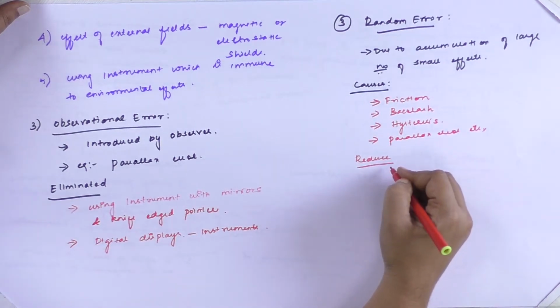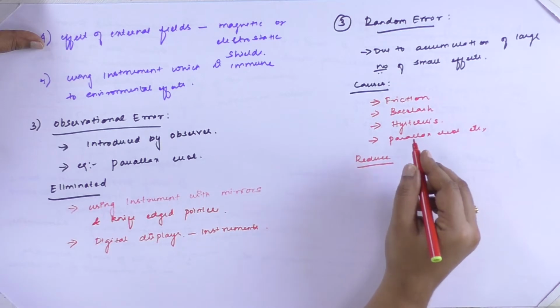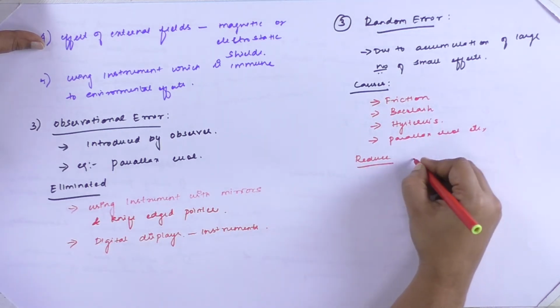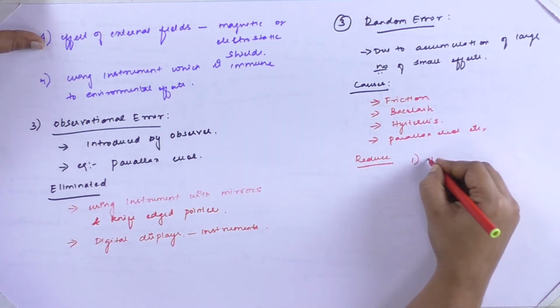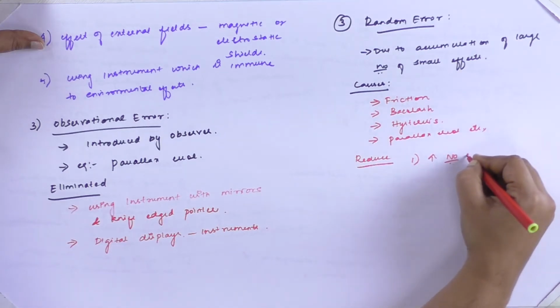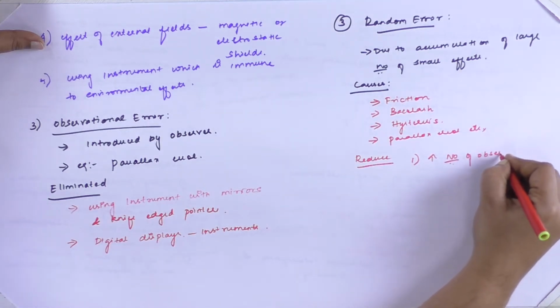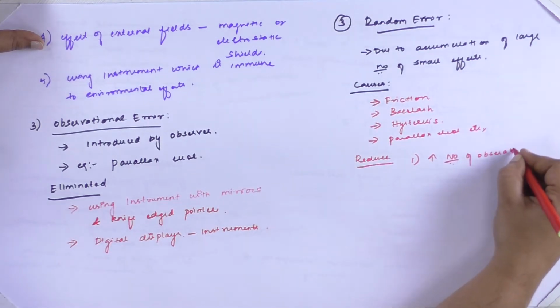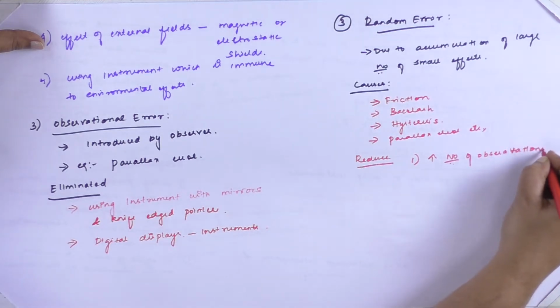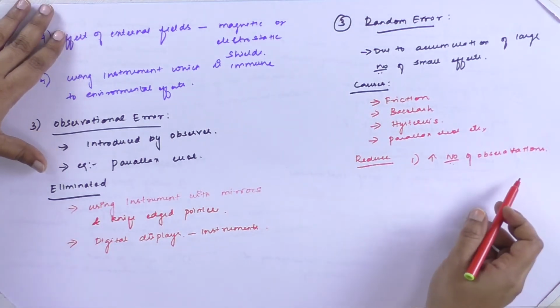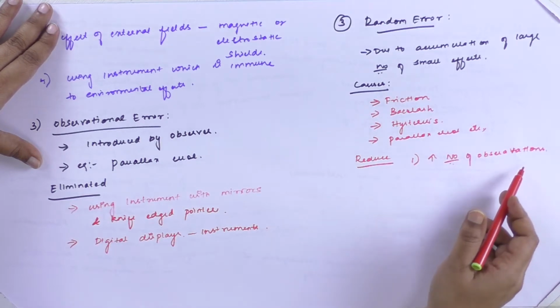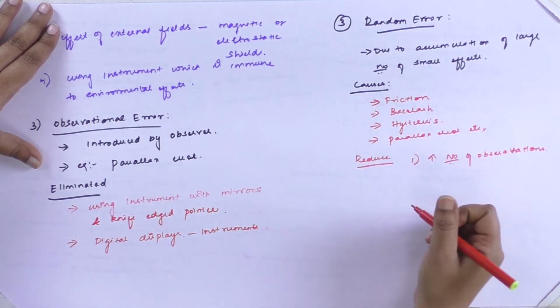How can we reduce this random error? The only way to reduce this random error is by increasing the number of observations made while taking the readings. During measurement, we have to increase the number of observations made by the observer in order to reduce this type of error.